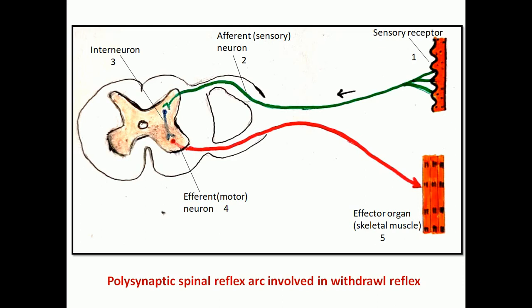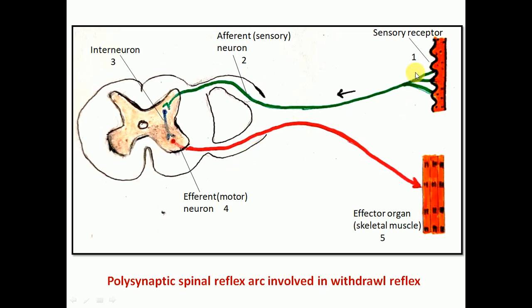An example of the monosynaptic spinal reflex is the stretch reflex, and that is only the presence of one synapse between afferent and efferent neuron. In the case of the polysynaptic spinal reflex arc, there are 5 components present between afferent and efferent neuron.